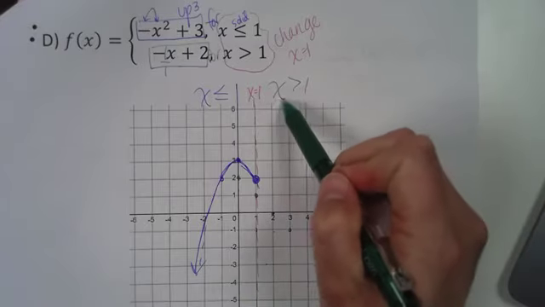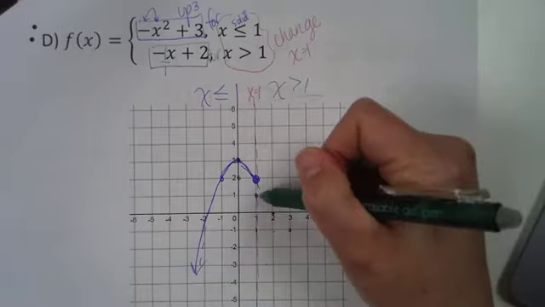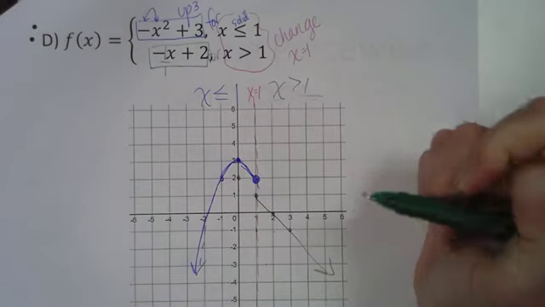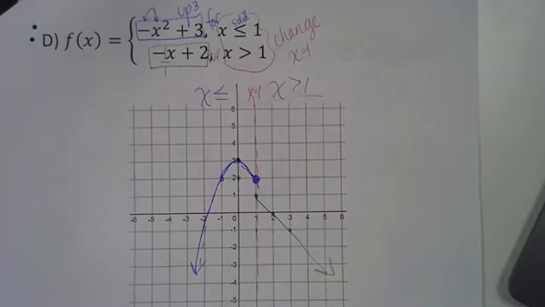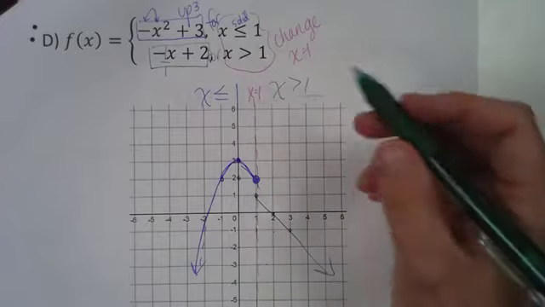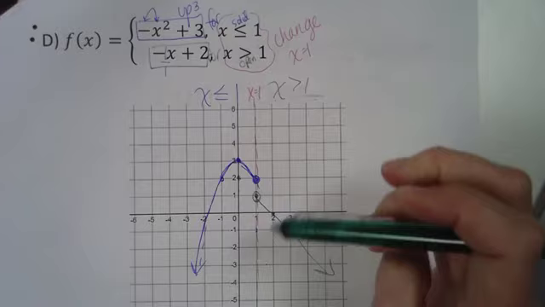And I only want my green stuff for values greater than 1. So just starting right here at this boundary line, I'm going to keep going on to the right. At 1, should we have an open or closed dot? Open, an open dot. Very good. Nice open dot right there.